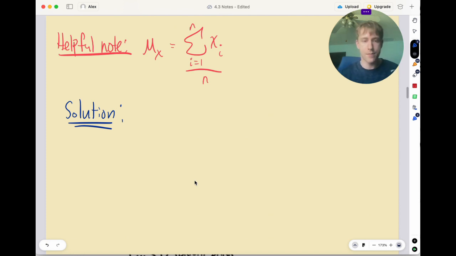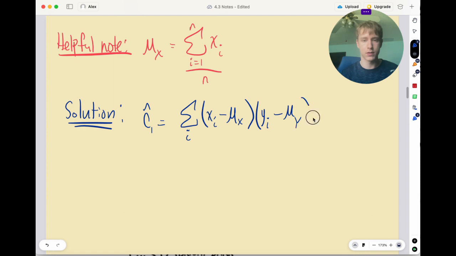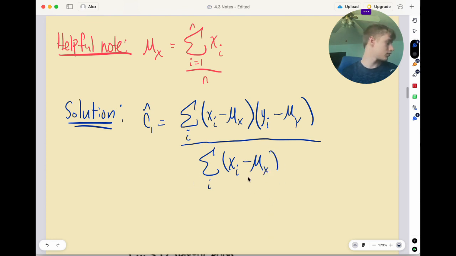We're going to have that C1 hat is going to equal the sum over all i of the quantity x sub i minus mu sub x times y sub i minus mu sub y, divided by the sum over all i of x sub i minus mu sub x, quantity squared.